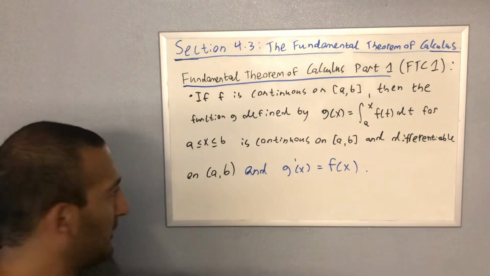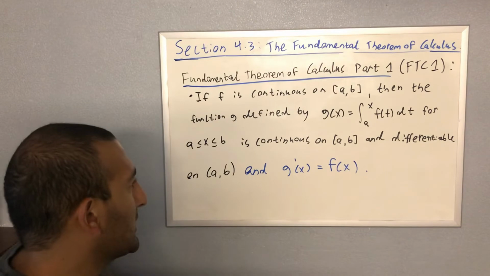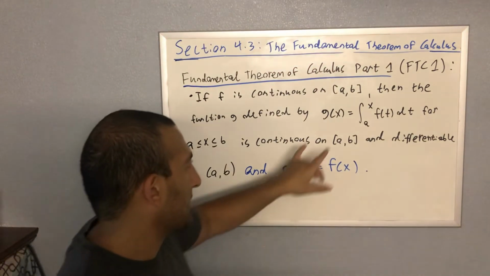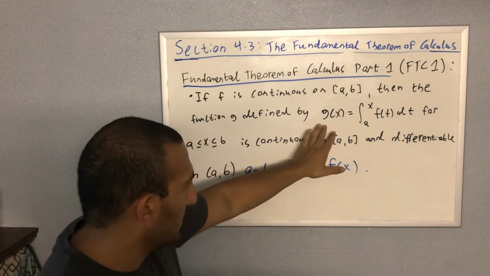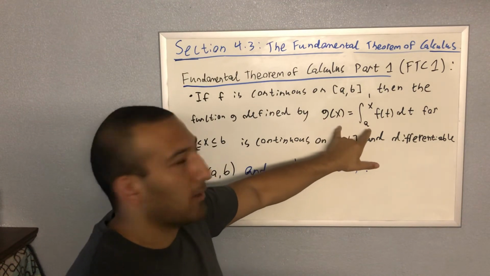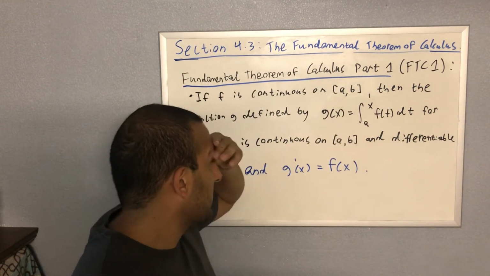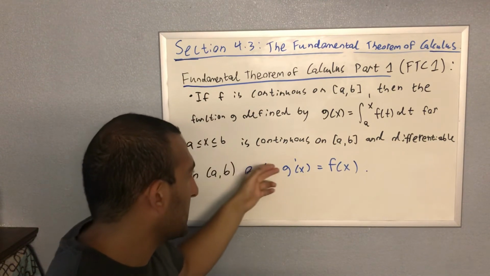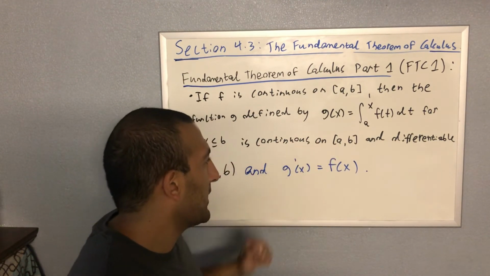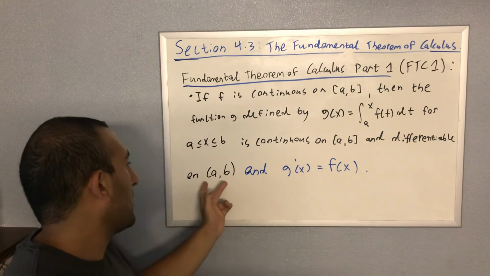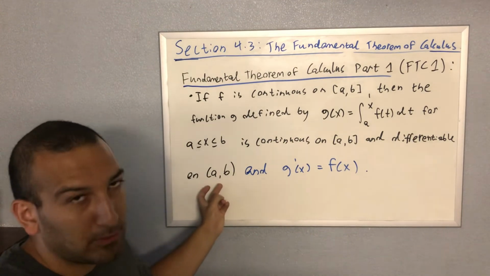So let's break this down one more time. We have a continuous function on this interval, and if we define this new function in this way, like we saw an example of, then this new function is also going to be continuous on a to b and differentiable everywhere too, except for maybe at the boundary points.